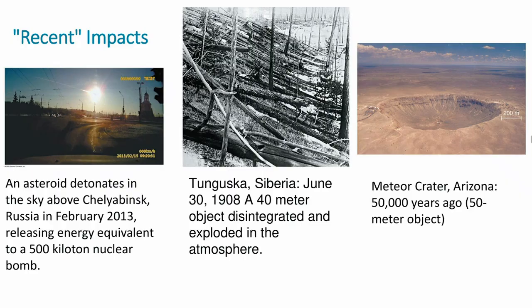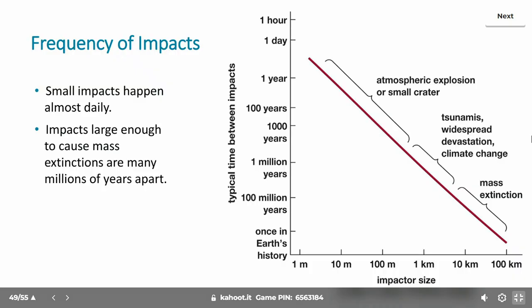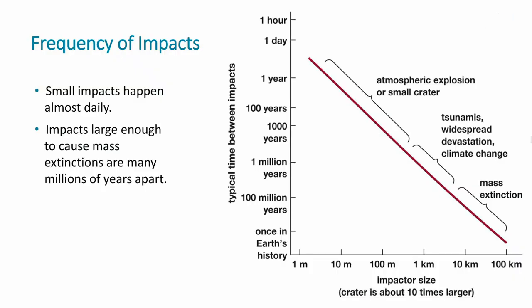And so these are things that, as a civilization, we need to worry about. The frequency of impact: very small things that don't make it out of the atmosphere or explode in the atmosphere happen pretty much every day. Then on the scale of something leaving a crater, you're getting into the hundreds of years or thousands of years.